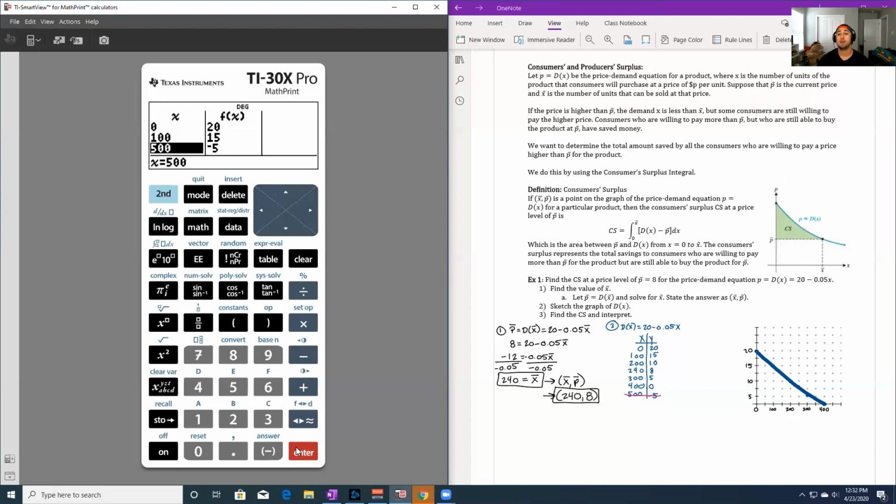There's our graph. And then what we want to show is what we see in the graph above, the actual x bar, p bar point, which will give us the consumer surplus area. So we have our point at 240 and 8. So this will be 240. And then 8, I'll put around here.